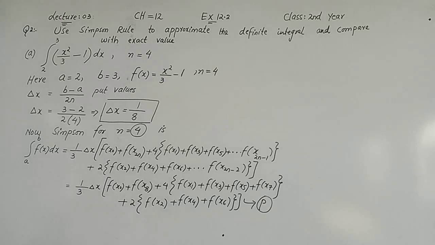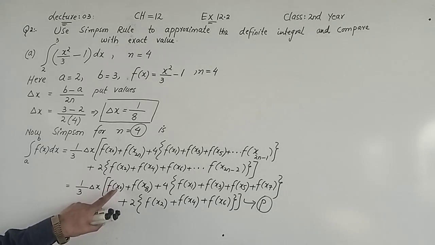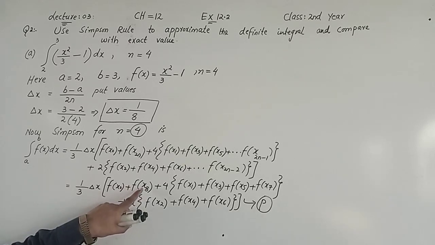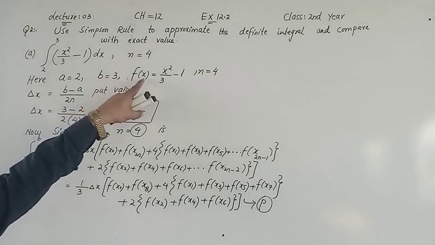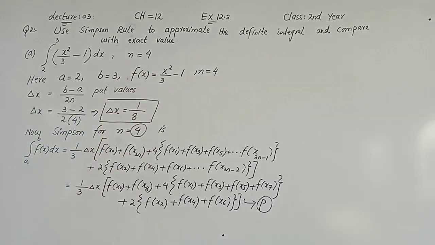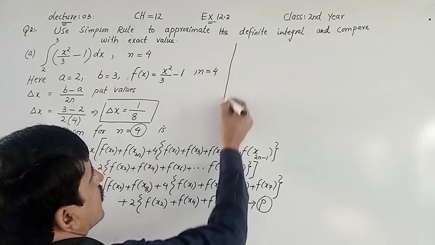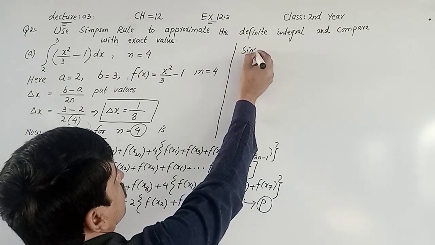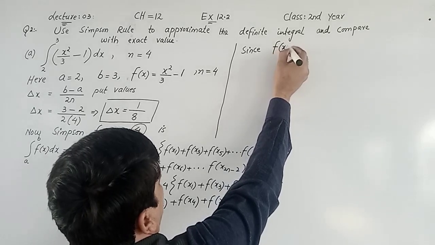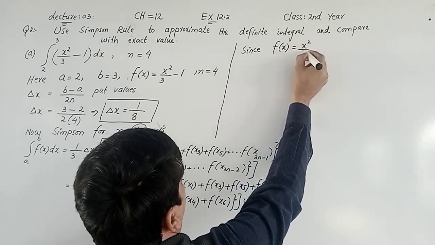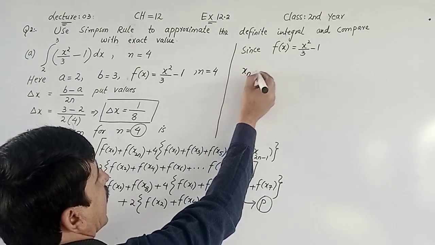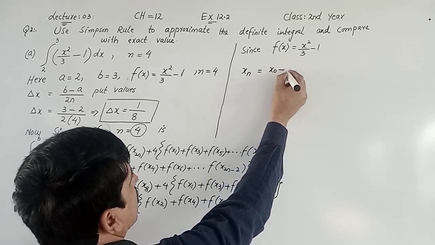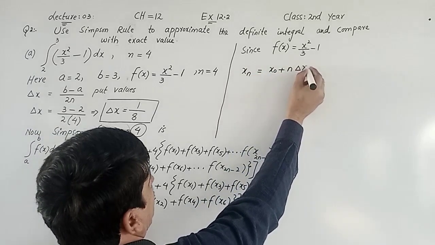अभी हमने ये तमाम वैल्यूज फाइंड करनी है f of x naught से लेकर f of x8 तक. तो देखिए यहाँ पे f of x हमारे पास है x square divided by 3 minus 1, and xn is equal to x naught plus n del x.